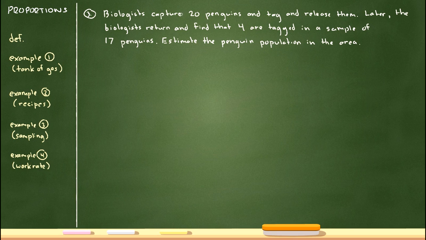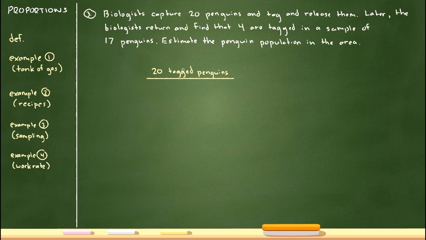So we have 20 tagged penguins out of the entire population. Okay, so we can compare 20 tagged penguins. We're going to set up the ratio here. So what percentage of these penguins are tagged?